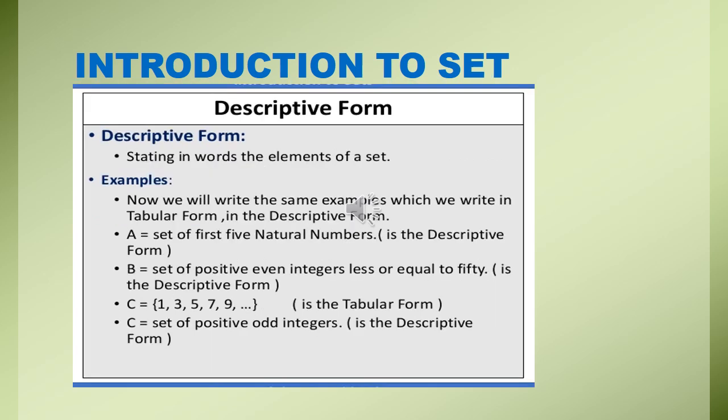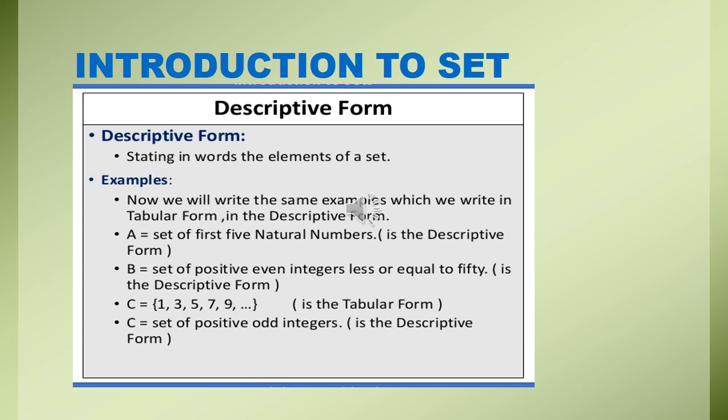Good. My young mathematicians, now we come to another form to represent a set, the descriptive form. It is stating the elements or members in words. Clear? How? Suppose set A is equal to the set of first 5 natural numbers. So this is a descriptive form. Or you can say the set of positive even numbers less than or equal to 50.